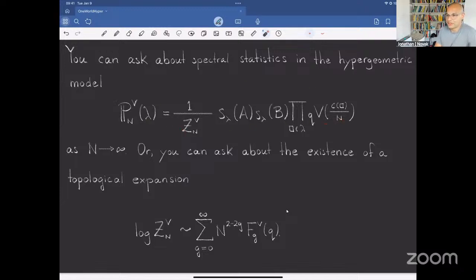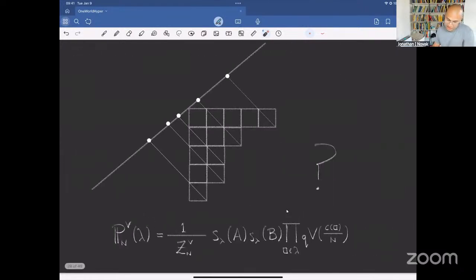I'll tell you what that means in a second. Or we can ask about the asymptotics of the partition function, exactly as in random matrix theory. And this question of what is the high dimensional behavior of hypergeometric functions of matrix arguments is exactly the latter question, right?